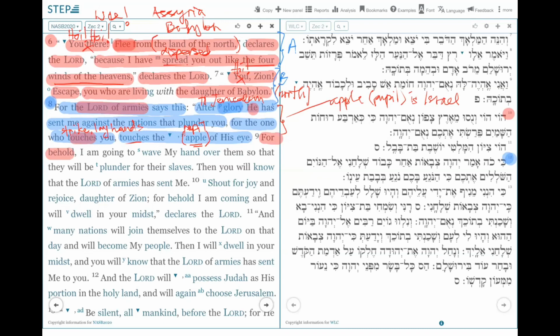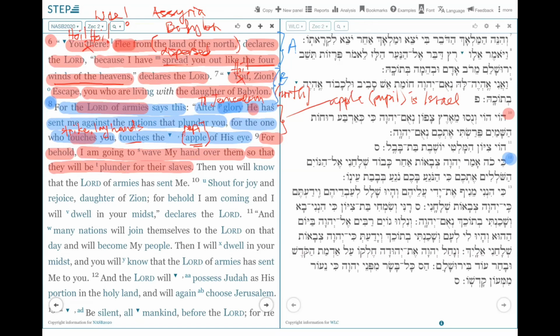For look, I am going to wave my hand over them so that they will be plundered for their slaves. Now, this idea here, how would you say?